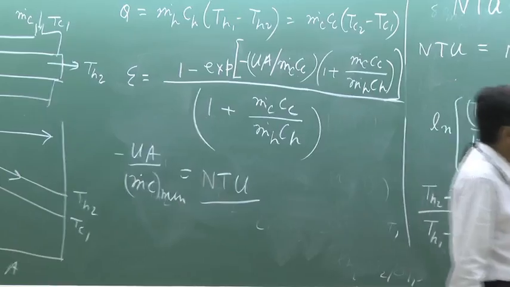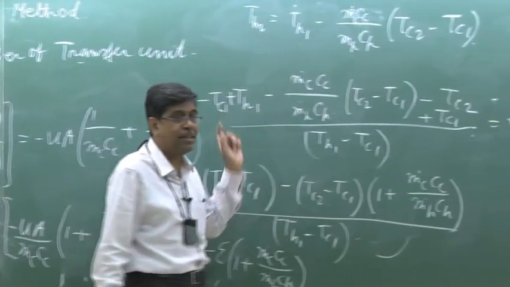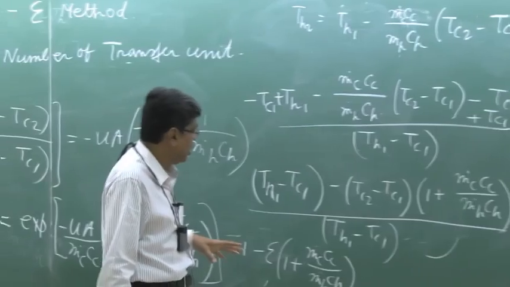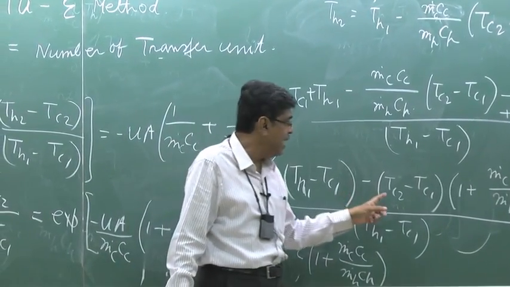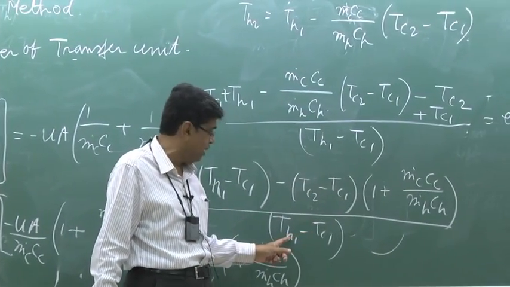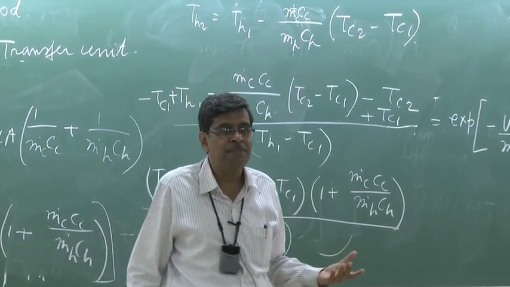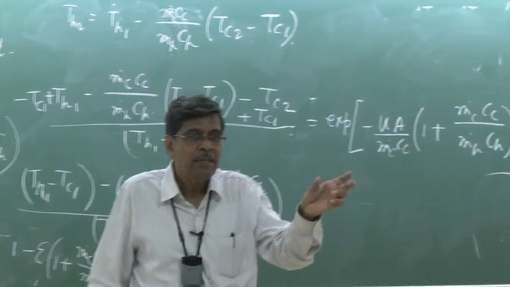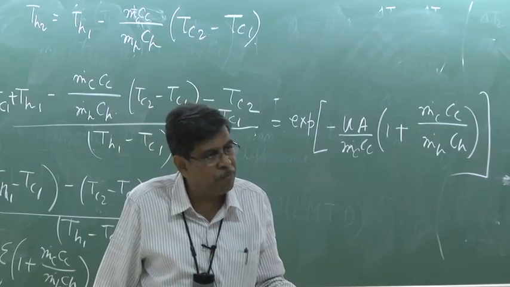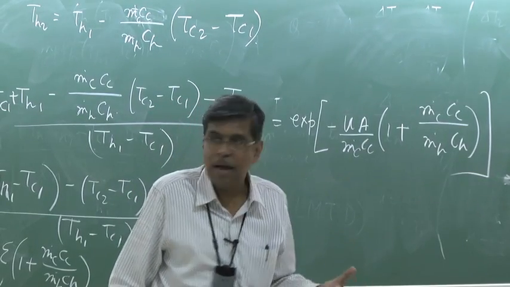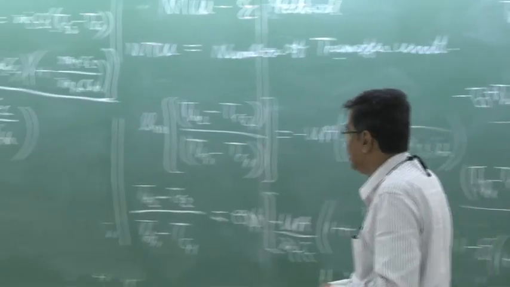After that I will add and subtract Th1. And in that case I will use the definition of epsilon as (Th1 minus Th2) divided by (Th1 minus Tc1), because the definition of epsilon is the change of temperature of the minimum fluid divided by the maximum change of temperature available in the heat exchanger.